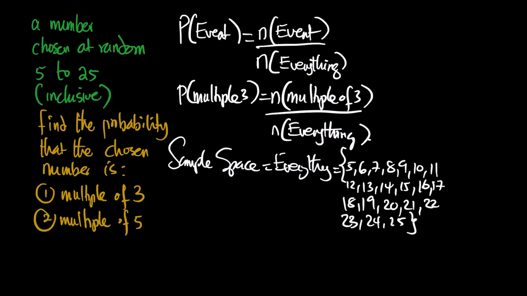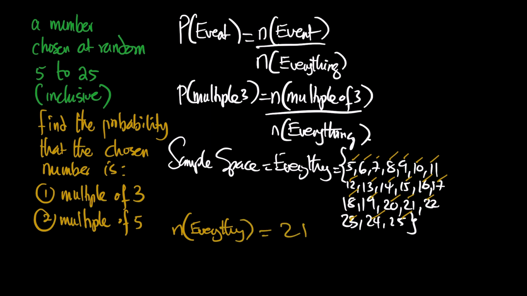So this is the sample space. If we count the number of things in it, that gives us 1, 2, 3, up to 21. So the number of everything here is 21.